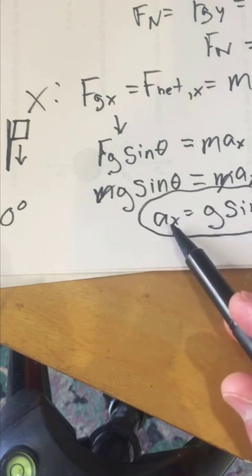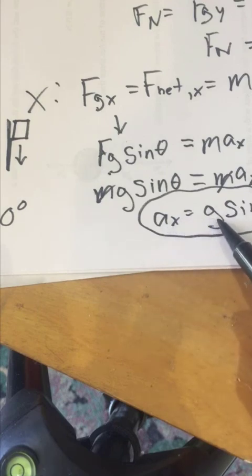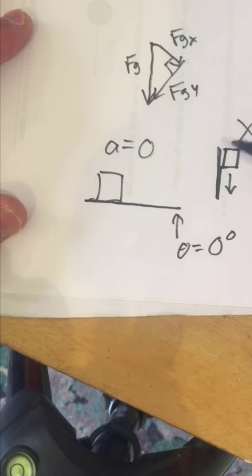So the acceleration down the ramp is going to be g times the sine of 90, or g times 1, or just g. So when the ramp becomes vertical, has an angle of 90 degrees, its acceleration is going to be free fall, or at least downward g, because the direction of the ramp, remember, is what we consider positive. So we're taking the downward direction to be positive in this case. So the acceleration in this case, down the ramp, is going to be g.